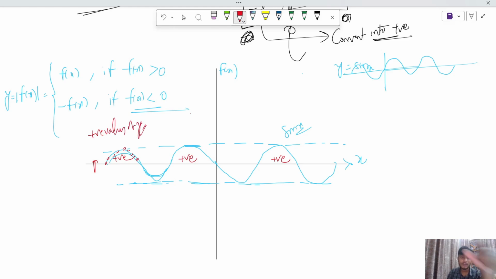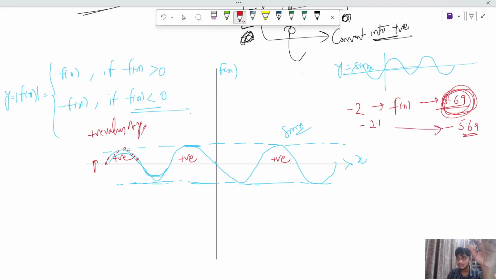Let's say you have a function of x and you give an input of -2 and get 6.69, that is positive. But if you give -2.1 and get -5.69, then this is negative. So we are taking the positive value of the function.